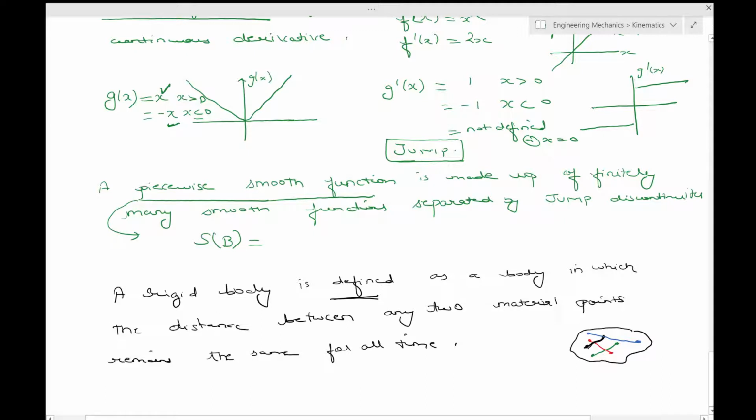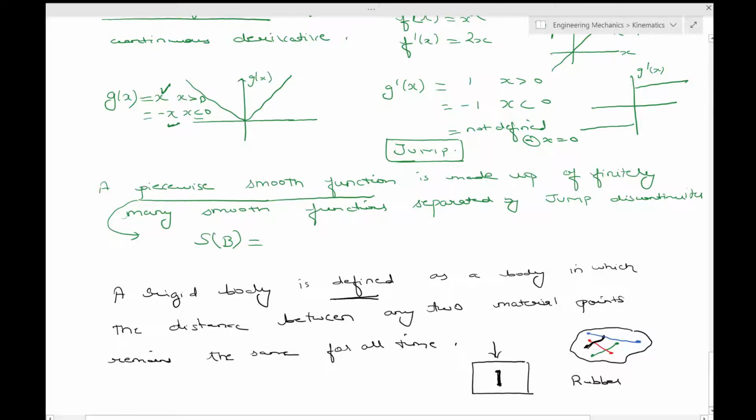Now how to visualize a body which is not rigid? Well, you can just take a piece of rubber, the eraser which you use to rub the pencil marking, and keep it on your table. Make 2 points with a pencil like this, and then press this, apply a force on this. You will see that the distance between these 2 points has shortened because of the load you are applying.